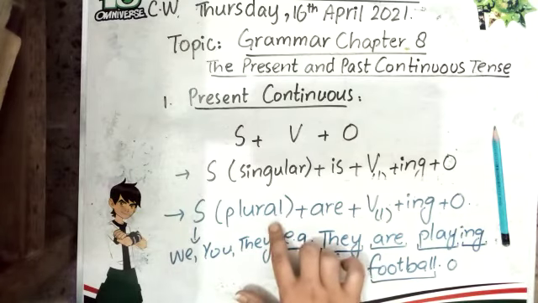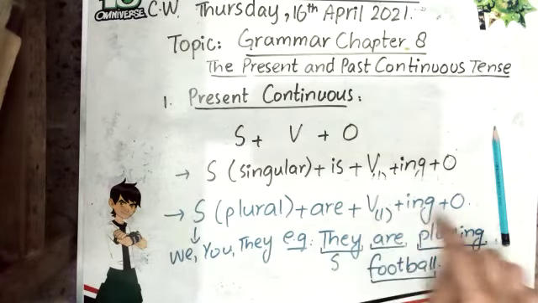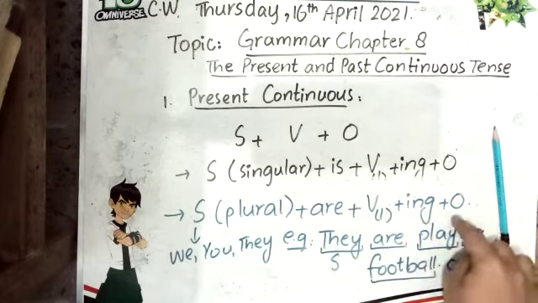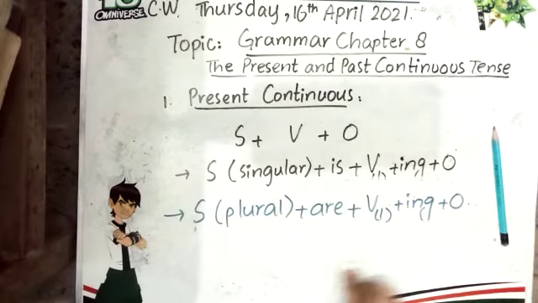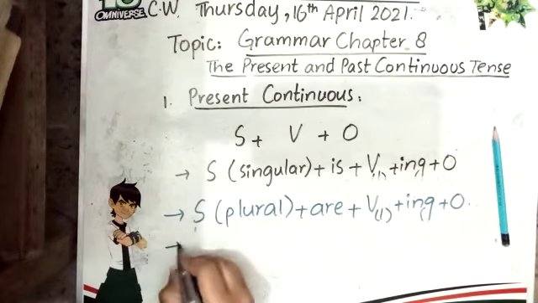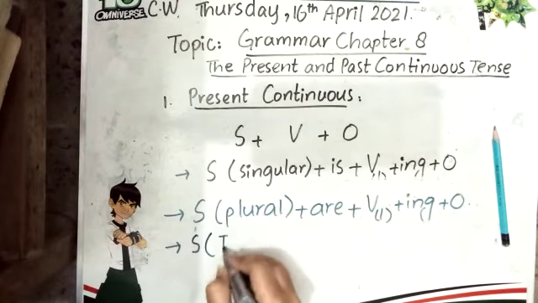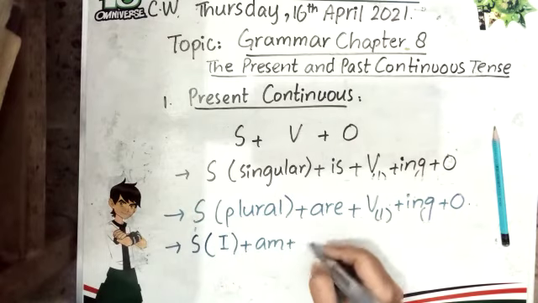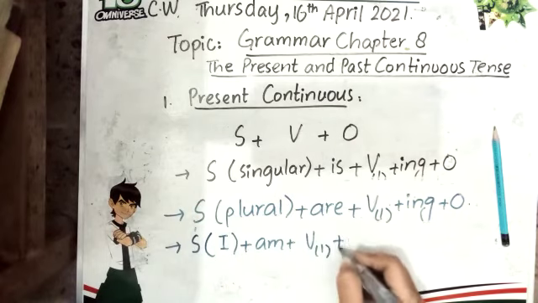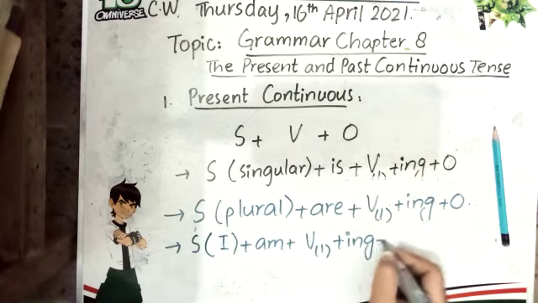So this is for the subject. If it is a plural one, then you have to use are with it, verb first form ing, and your object. There is also a third case, and that case is if your subject is I, then you have to use am with it, verb first form with the ing, and your object.